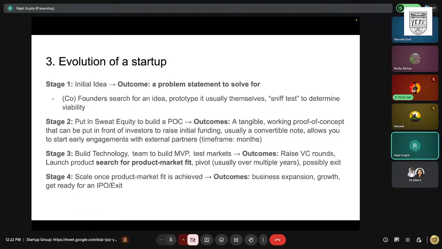There are other things like, is this a fear sale or a greed sale? So does somebody want to buy you out because they're worried that if they don't, you're going to disrupt them? Or are they trying to buy you out because you've cracked something that they feel, if they acquired you, could 5x their revenue?